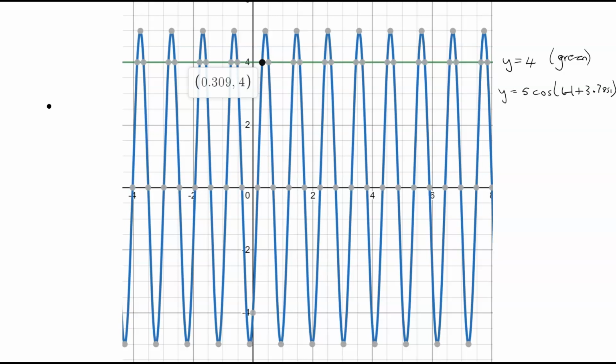And where they're equal, you can see that t, the first time, is equal to 0.309 seconds. Don't forget to use the unit. All done.